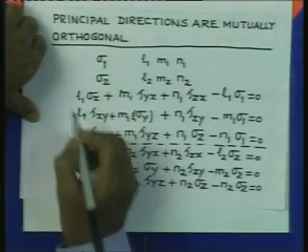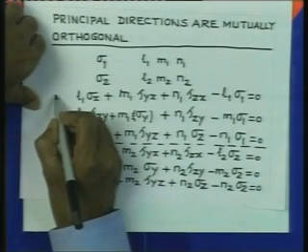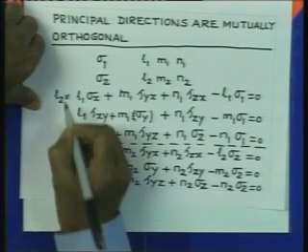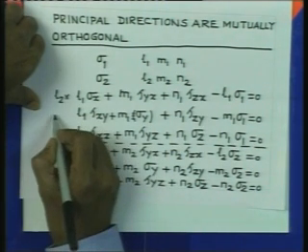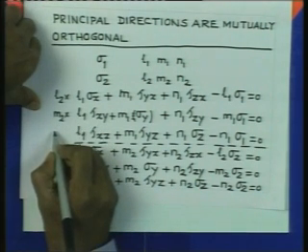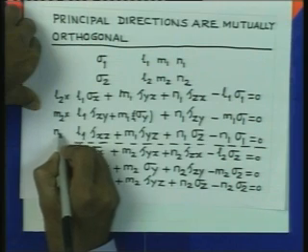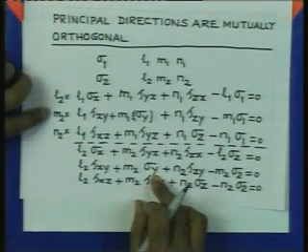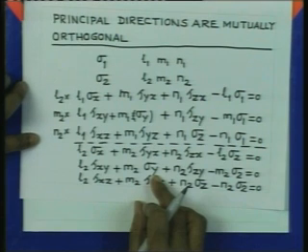We would like to multiply this equation by L2, this equation by M2 and this equation by N2, and we would like to add these three equations.